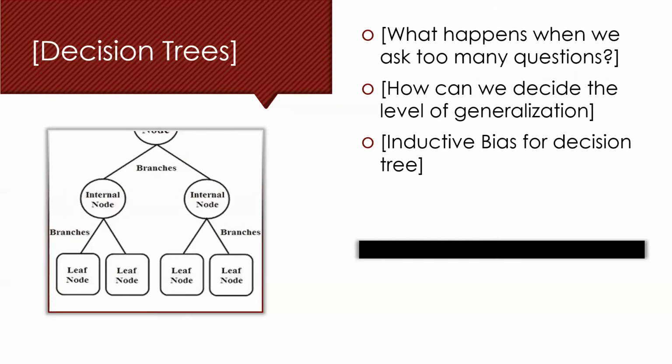A decision tree is like a flow chart where each internal node denotes an attribute, each branch represents an outcome of the test, and each leaf node, that is the child node, holds a class label.